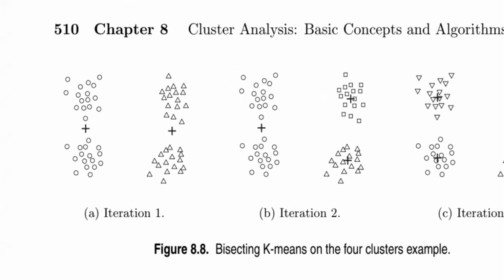In the first iteration, you have triangles, squares and circles. So circles are divided into two parts. Again, in a similar way, triangles are divided into two parts.